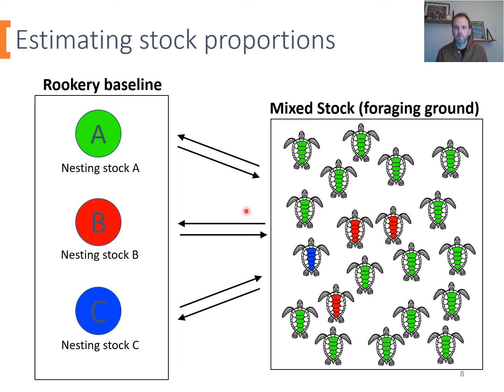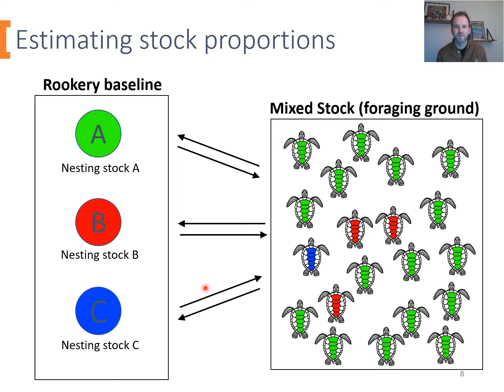Now in this example, it becomes pretty straightforward to trace back the stock origin of turtles in the mixture. We can assign turtles individually, or we can do a proportional estimate to say 80% of the turtles in the mixture originate from stock A, 15% from stock B, and 5% from stock C.